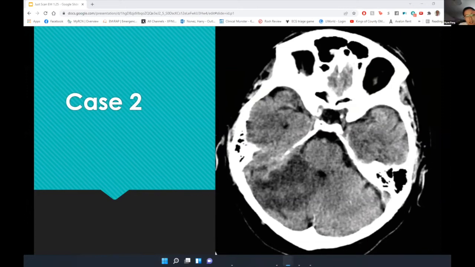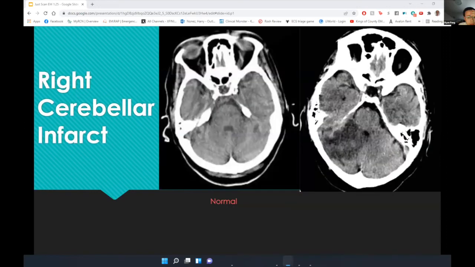So I see that there's some darkening of the right cerebellum. Perfect, there you go. So this is a right cerebellar infarct. Great job. Infarcts are usually initially identified with lower attenuation or density.